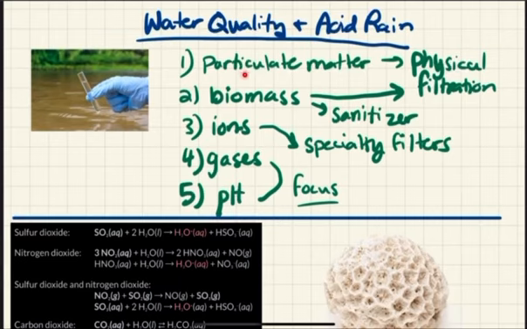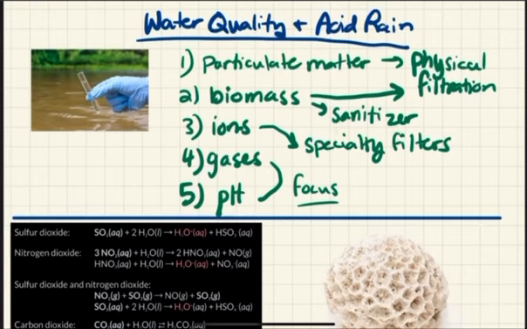Some of this would be silt and minerals from the soil surrounding the river, but some of this would also be biomass like algae and bacteria, which may partially be physically filtered out. But you may also have some biomass that's too small for that kind of physical filtration, and the approach typically used for getting rid of the smaller ones would be to kill them off with some form of sanitizer.